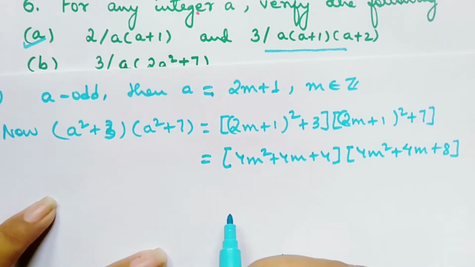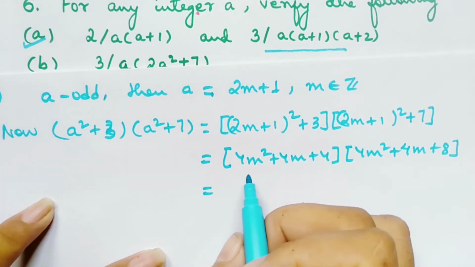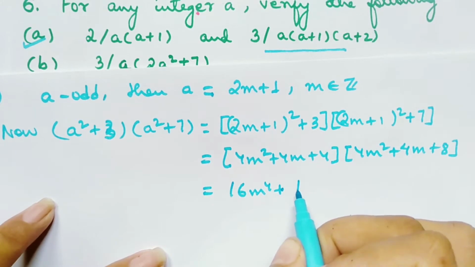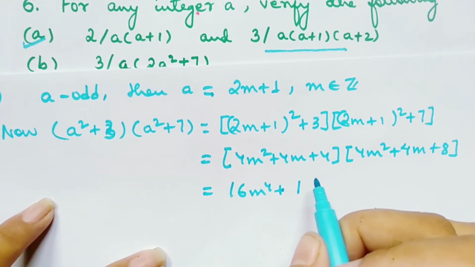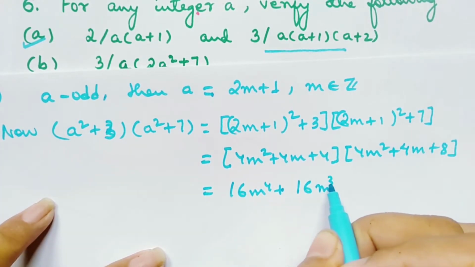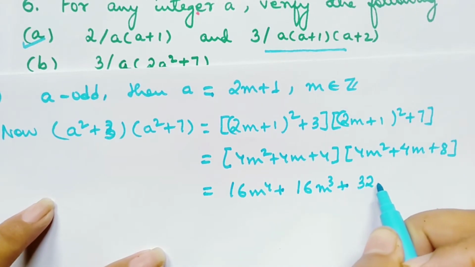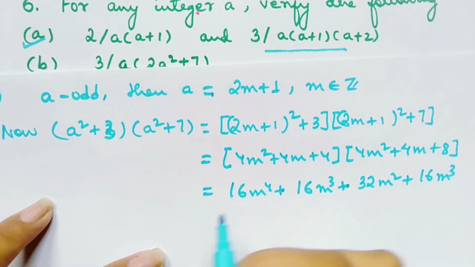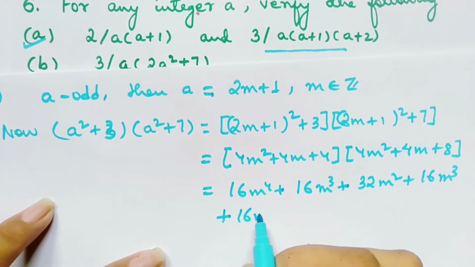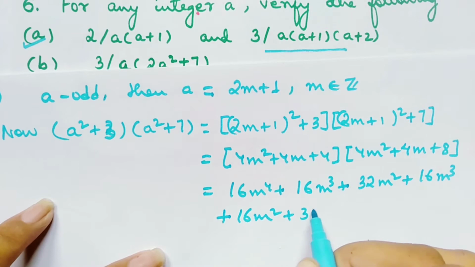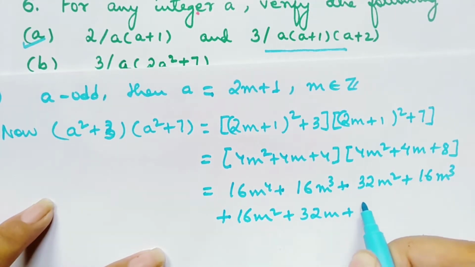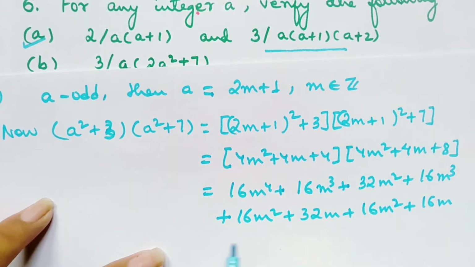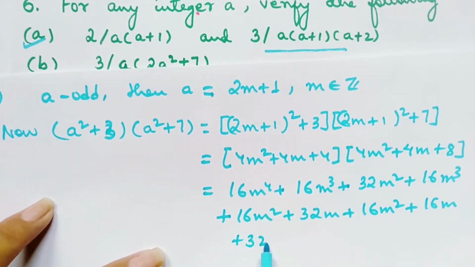Alright, now we multiply. We have 16m⁴ + 16m³ + 32m² + 16m³ + 16m² + 32m + 16m² + 16m + 32.